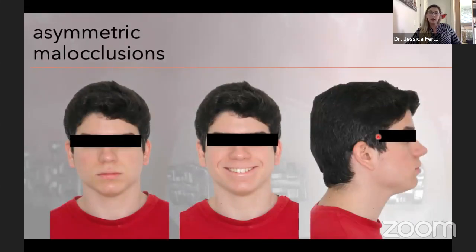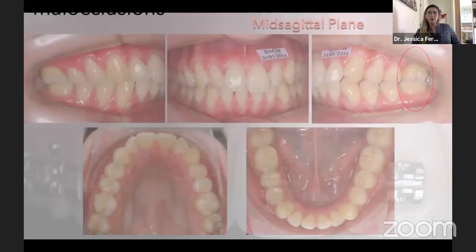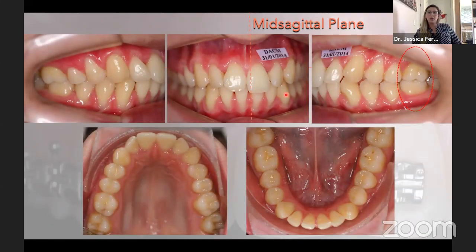So you can see in this patient, he has a good profile with a maxillary dental midline coincident with the mid-sagittal plane. However, when you look at his intraoral photographs, we can see that at his right side, he has a class 1, and at his left side, a quarter to a mild class 2 malocclusion. So this gives, as a consequence, a mandibular dental midline deviation.